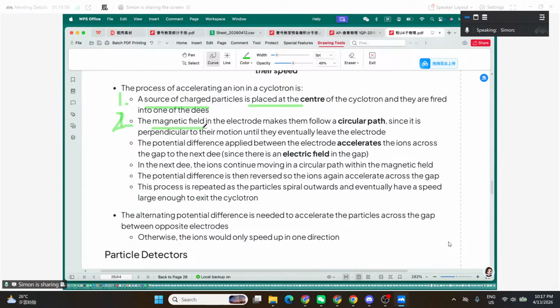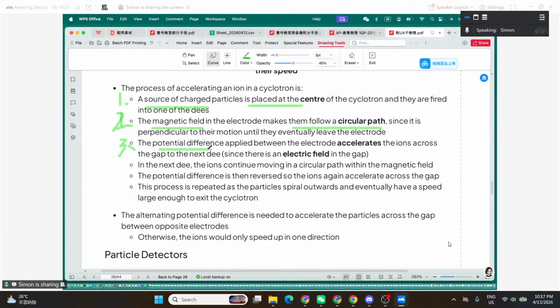Second, the magnetic field in the electrode makes the particles follow a circular path, because they are doing circular motion, right? They have a radius. And the third is the potential difference applied between the electrodes, which accelerates the ions across the gap to the next D, because there is the electric field.